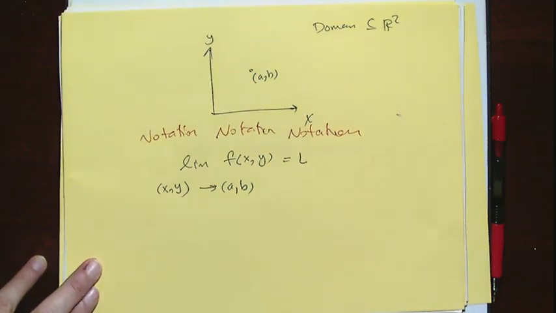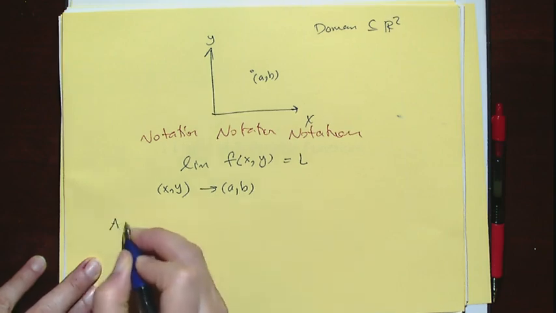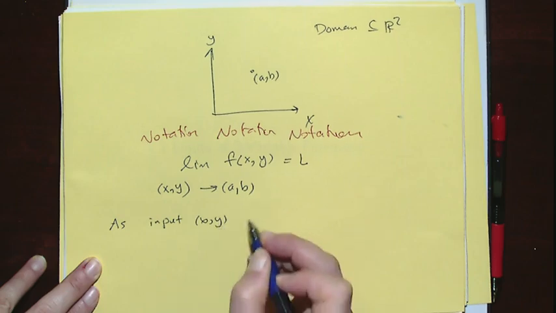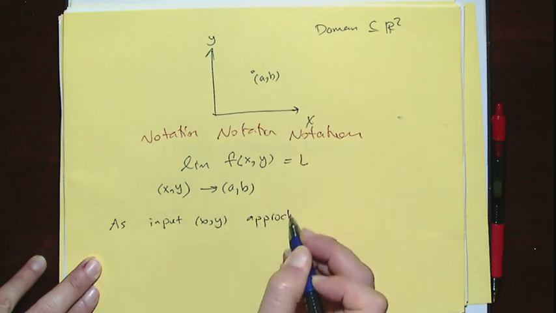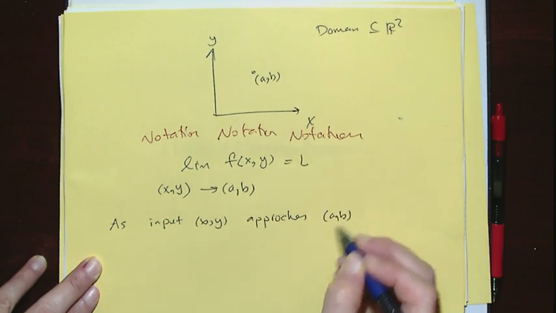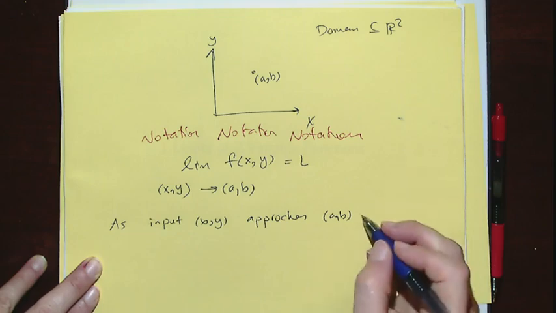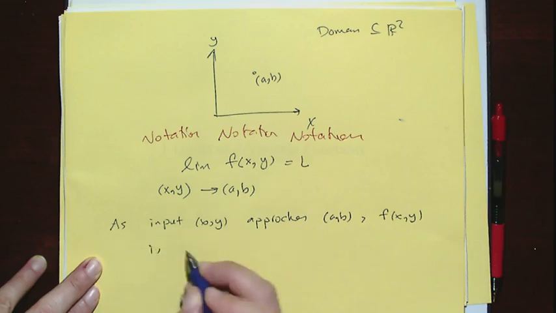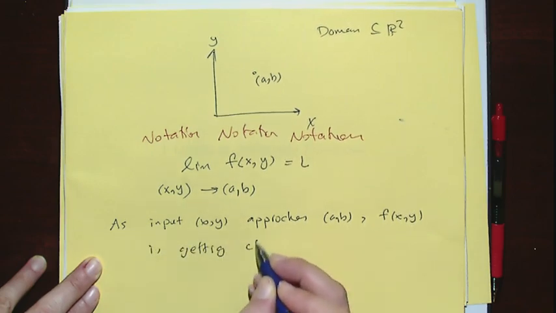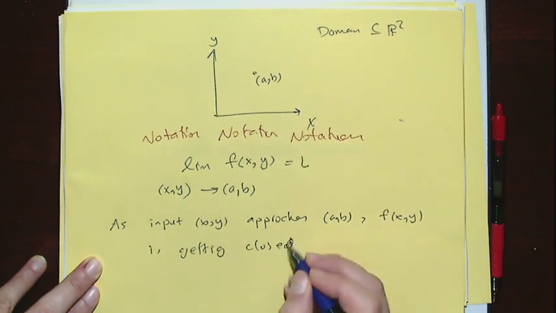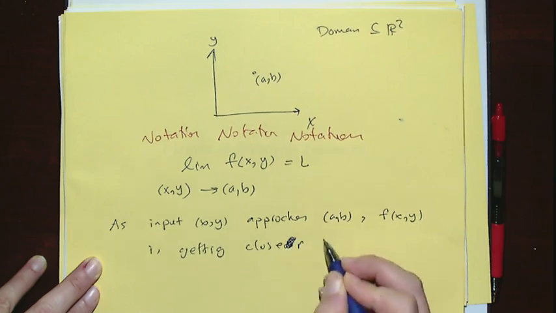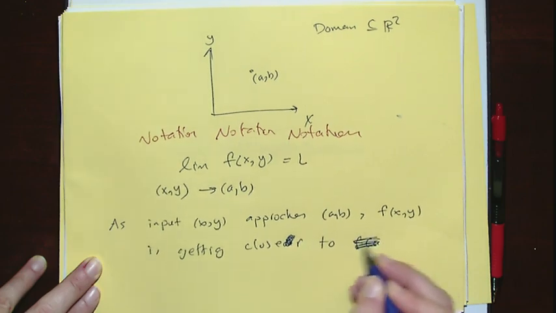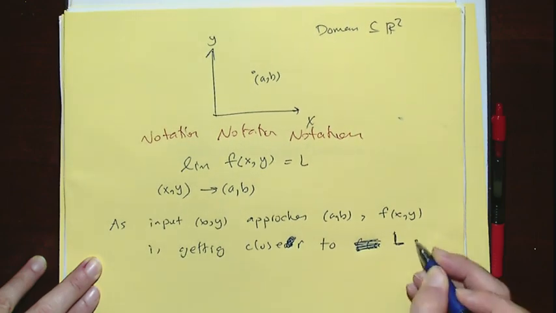Right? Now, what does this mean? As input x and y approaches a and b, or getting closer to a and b, the output f of x and y is getting closer to L. It's limit.